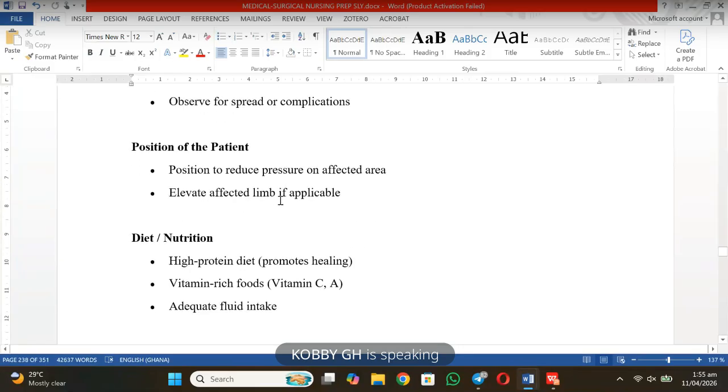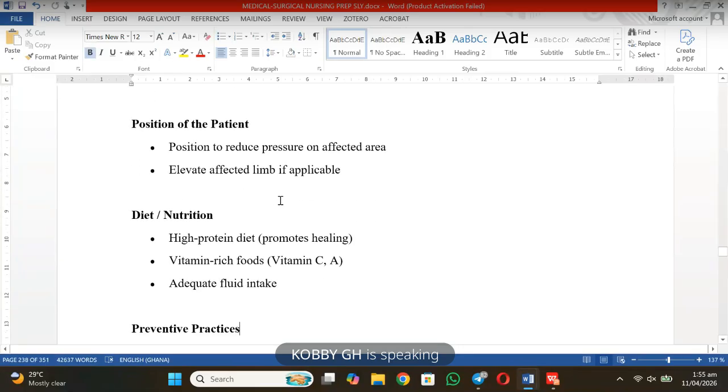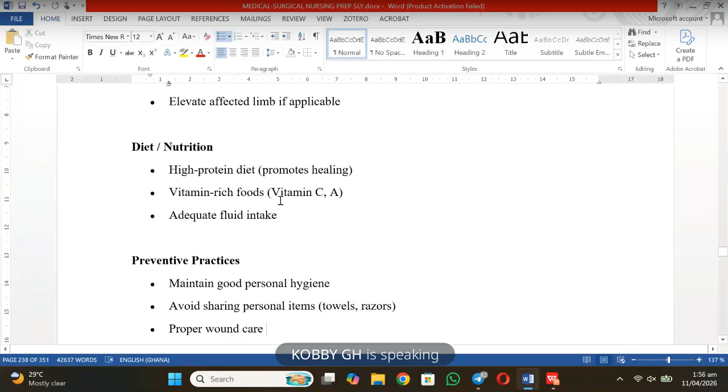Again, when it comes to position, usually in pharyngeals, we position patients according to the location of the pharyngeal. For example, if the boil is at the sacral region, which is the back region of the person, we want you to position the patient in a way that it won't put pressure on the pharyngeal. So we usually position the patient according to the location of the pharyngeal or the boil.